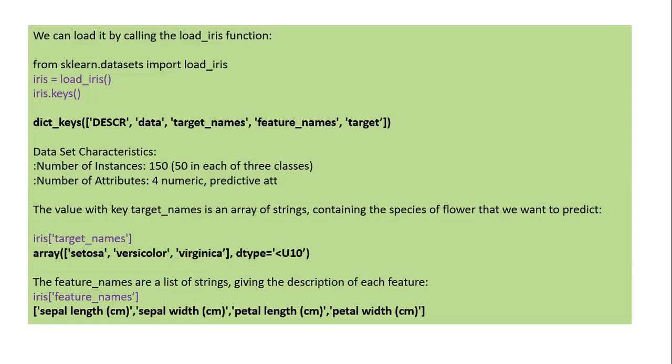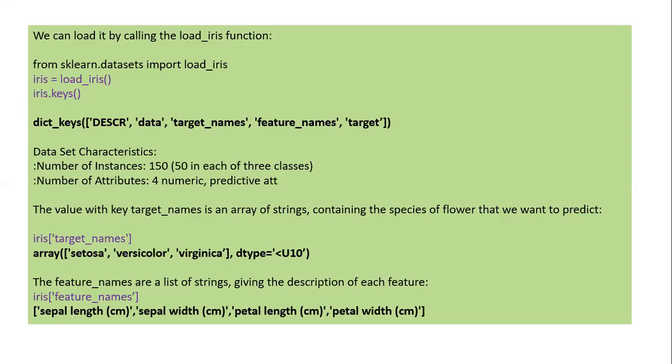We are importing one of the datasets known as iris. We will load the iris data and put it in an object called iris. Iris has all the data, and it also has some other attributes.